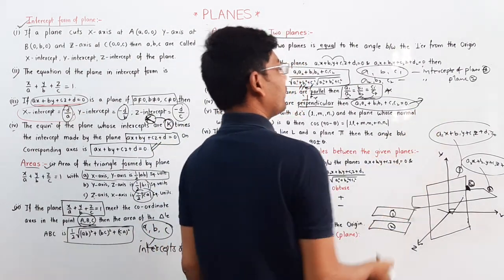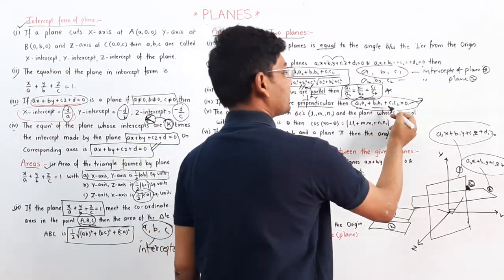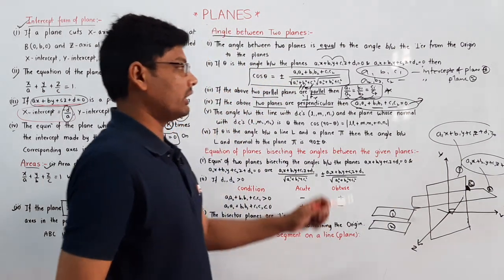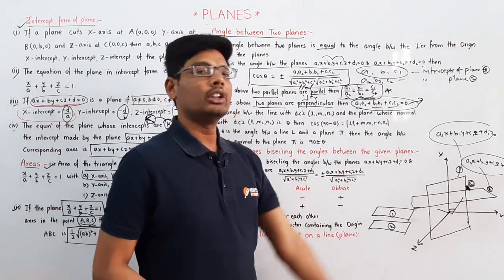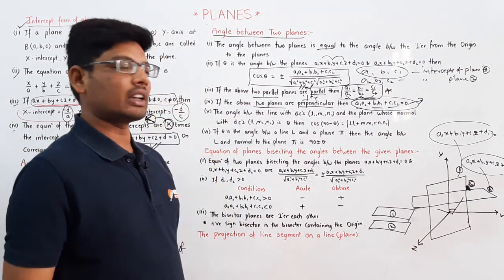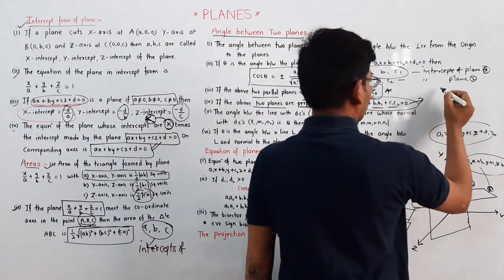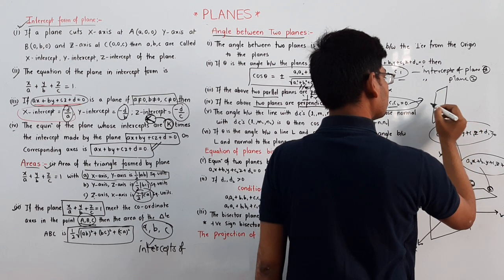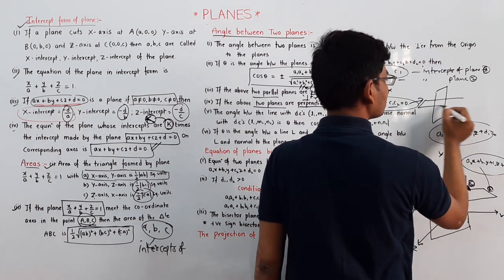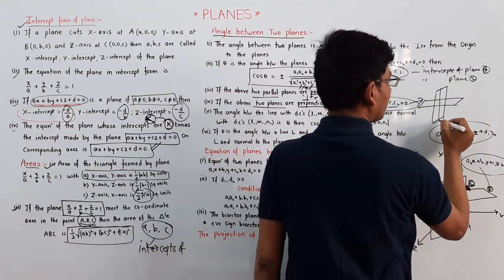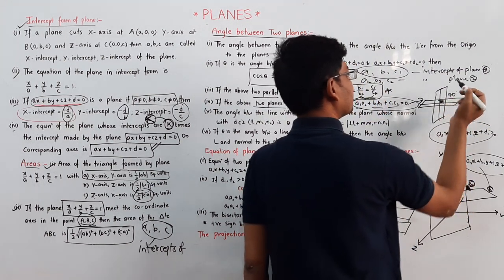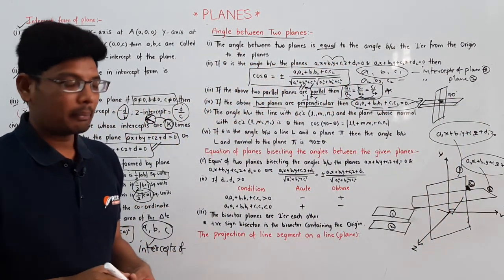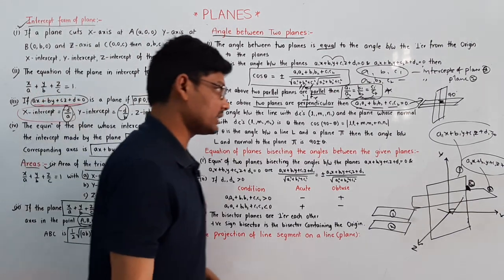The value of a1 a2 plus b1 b2 plus c1 c2 must be 0. Whenever this condition is satisfied, then the two planes are said to be perpendicular. Here the angle between these two planes is 90 degrees, and the two planes are said to be perpendicular in a 3D coordinate system.